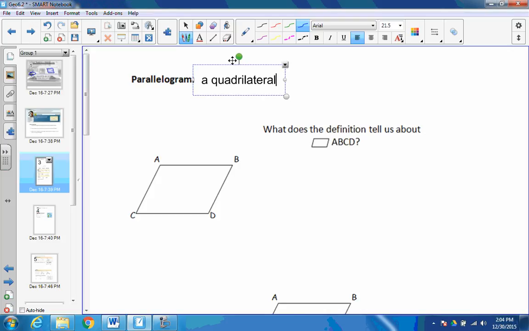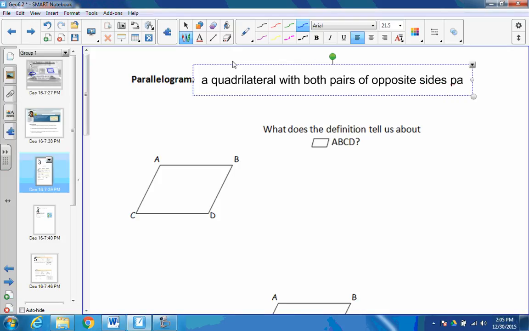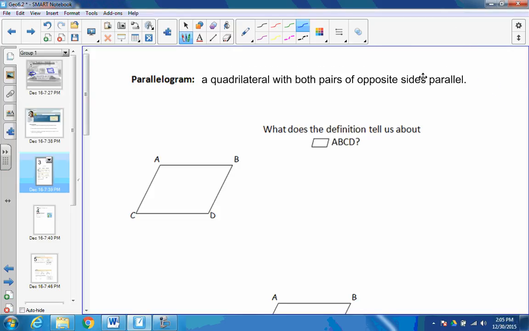A quadrilateral with both pairs of opposite sides parallel to each other. So a quadrilateral with both pairs of opposite sides parallel. That's all the definition of a parallelogram is.